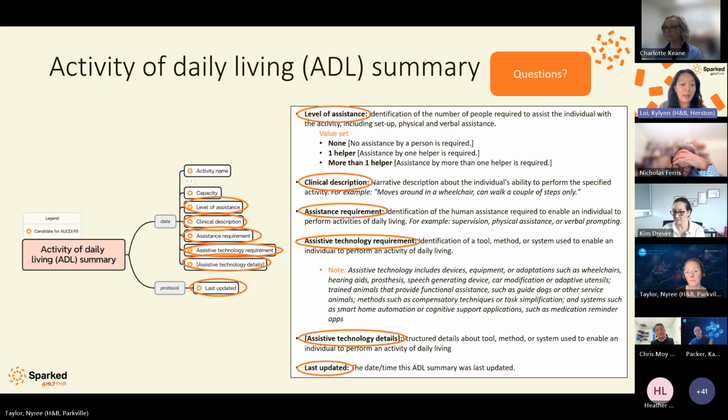And in terms of picking a specific tool, we were thinking that perhaps in future versions of AUCDI, when we have agreement, because I think that's going to be a really hard thing to agree between all of us, which tools do we start with, which ones need to go in first, and whether or not they end up in AUCDI or end up as a form.